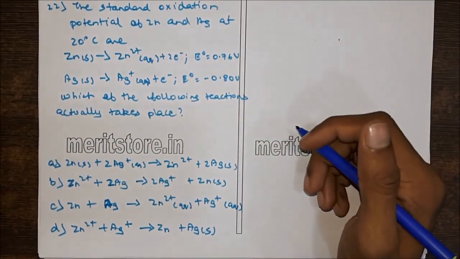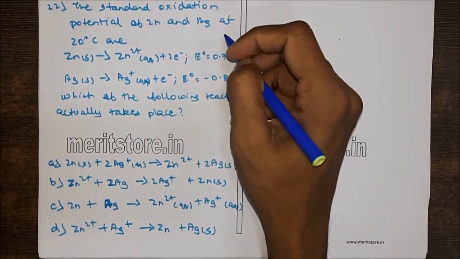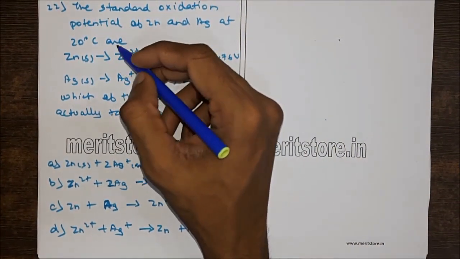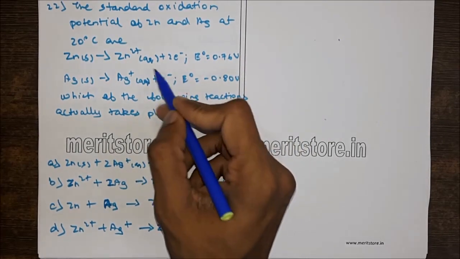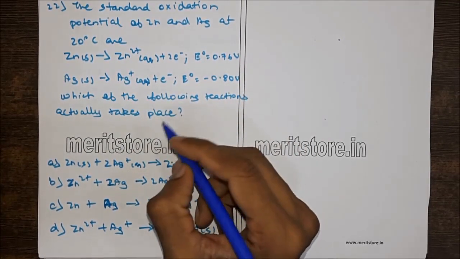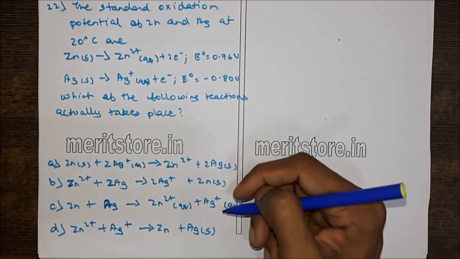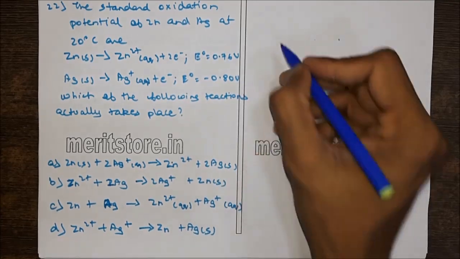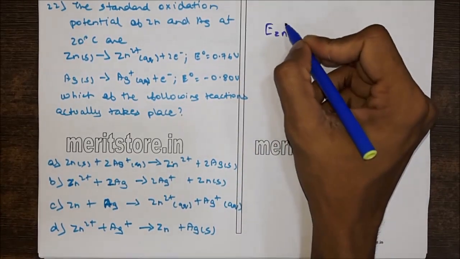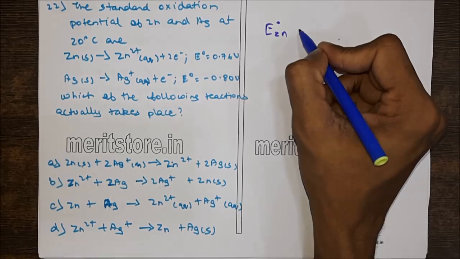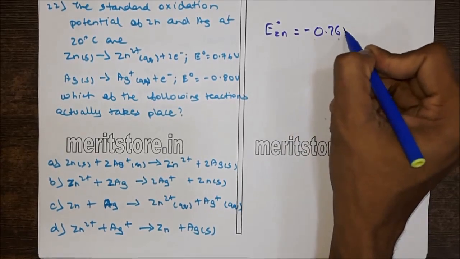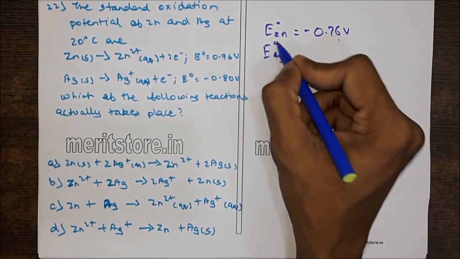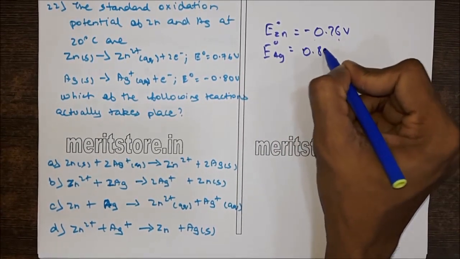Question 22. The standard oxidation potentials of zinc and silver at 25 degrees Celsius are given. Which of the following reactions actually takes place? We're given 4 options. Given the oxidation potential, the reduction potential will be: standard potential for zinc equal to minus 0.76 volt, and for silver 0.80 volt.